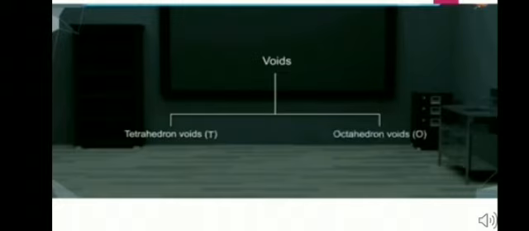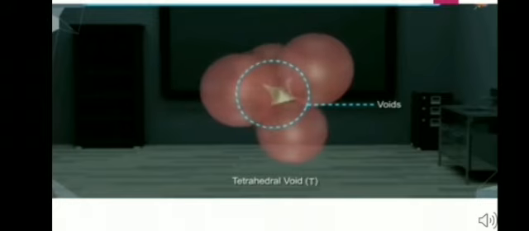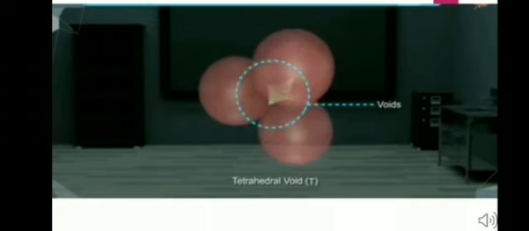When we place a close packed layer above the depressions of the first layer, we can see that at some places the triangular voids of the first layer are covered by the spheres of the second layer. At such places, a type of void called a tetrahedral void is formed, since a tetrahedron is formed by joining the centers of the 4 surrounding spheres.